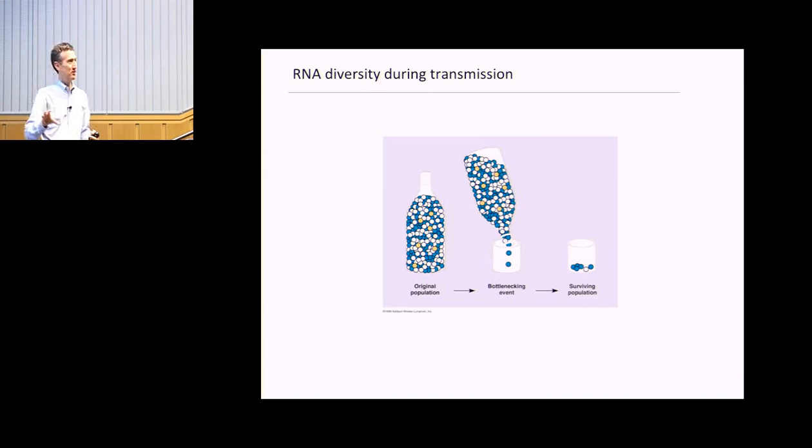And another question that's very interesting to us is, what happens when a virus goes from one person to another? In a sneeze or touching something and putting it on your face or whatever happens, how much of that diversity gets transmitted from one person to another? And what can you understand about infection, vaccination, by understanding how diversity changes in natural infections as they're transmitted?